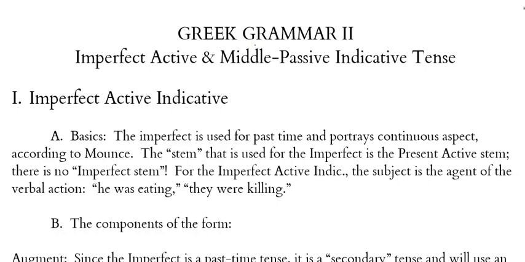Now, just a word here in terms of basics about the imperfect tense. So take a look at the handout that you have. Everybody's got one? All right, very good. The imperfect is used for past time and portrays what Mounce likes to call continuous aspect.